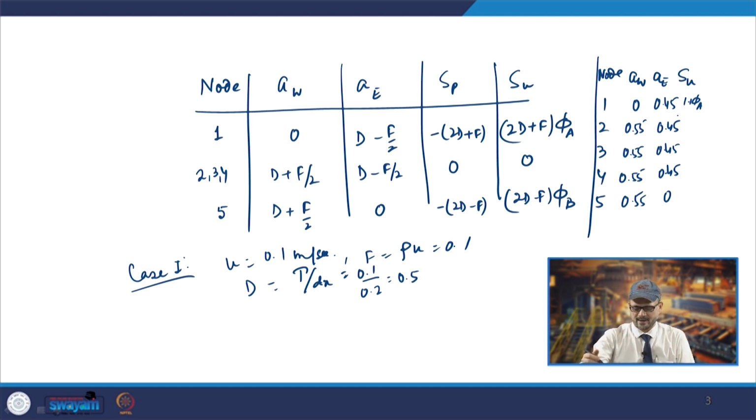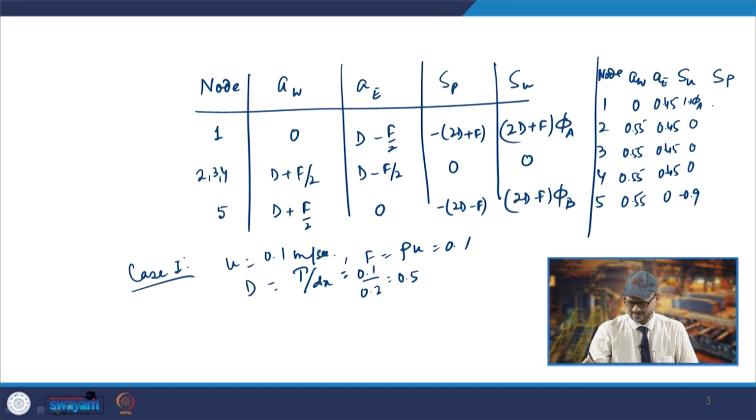That way it will go, and then for 2, 3 and 4 it will be 0, 0, 0, and similarly in the end you will have minus 0.9, and similarly you have SP.